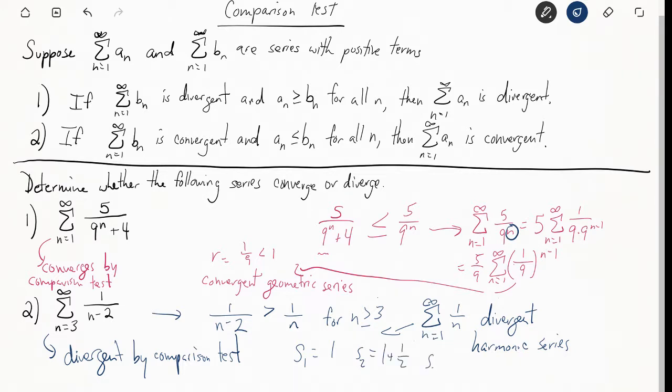And then S3 equals 1 plus, or let me look at this one actually. S4 equals 1 plus 1 half plus 1/3 plus 1/4, which is greater than 1 plus 1 half plus 1/4 plus 1/4, right?